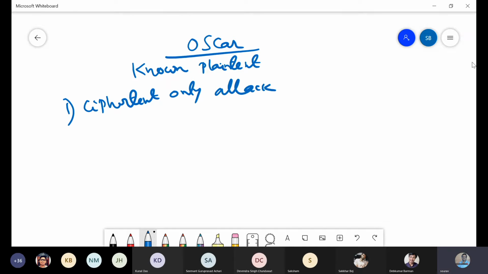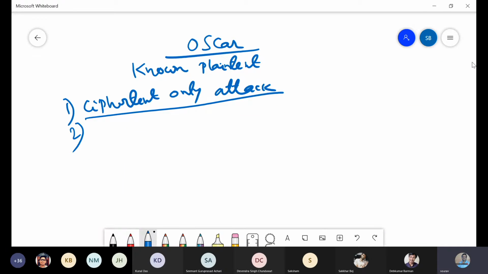Here Oscar only has the ciphertext, because Oscar can see the public channel, so obviously Oscar should have the ciphertext. No other information is given. Oscar only has the ciphertext.